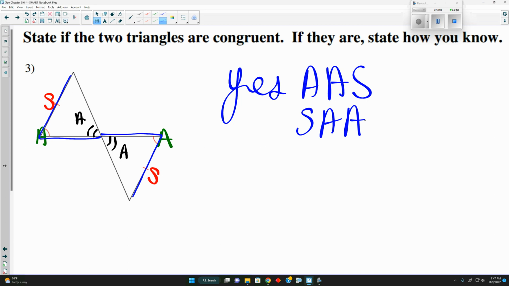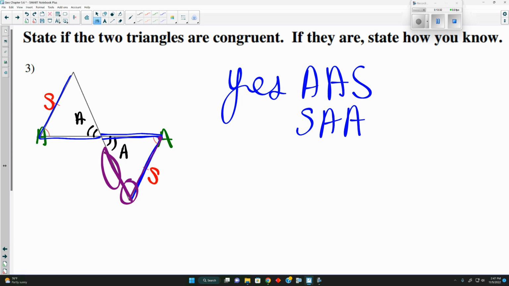When you're tracing these out in either direction, as long as you don't skip a side and an angle both, then we can go that direction. What I mean by that is, let's get a different color. If I started with this angle here, so we have angle, side, I don't have an angle down here. And then if I go this way, I just skipped an angle and a side.